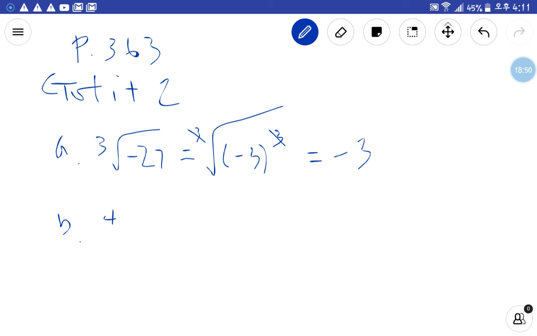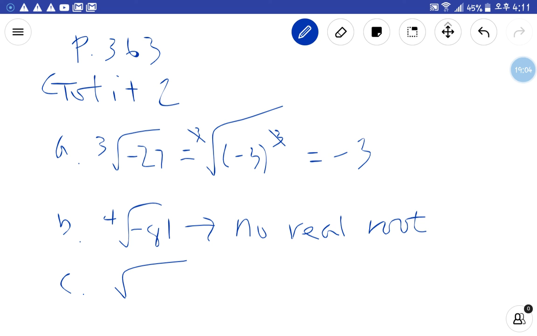B. Fourth root of negative 81. Does it make sense to us? No. So no real root, because 4 is even and your b is negative. C. Square root of negative 7 squared. This time you have to simplify first, which is 49. So square root of 49, which is 7.